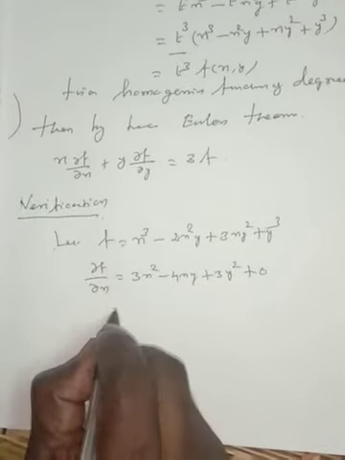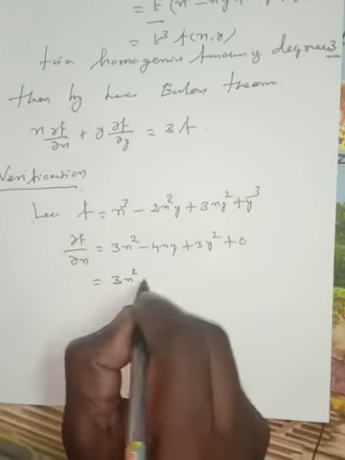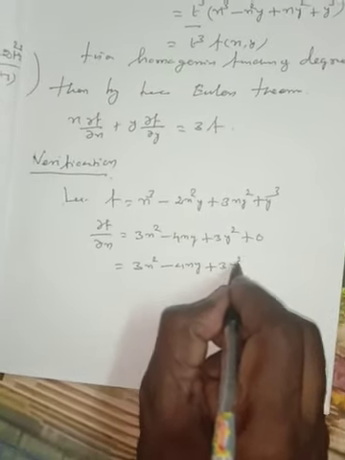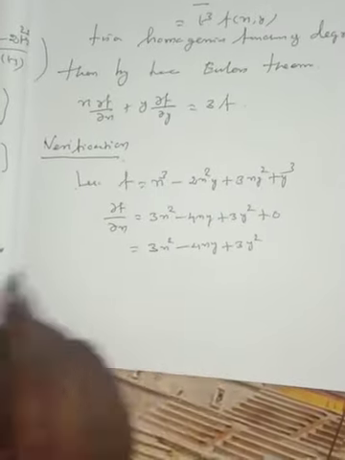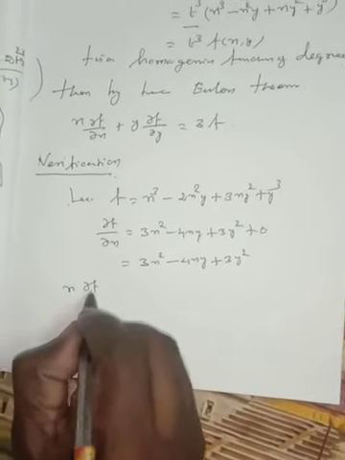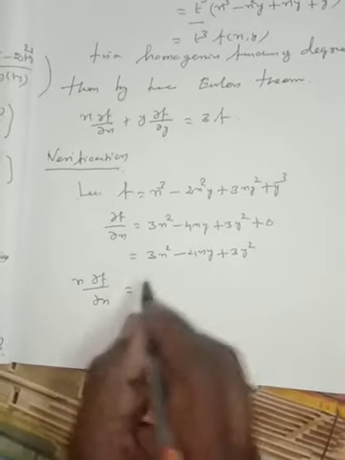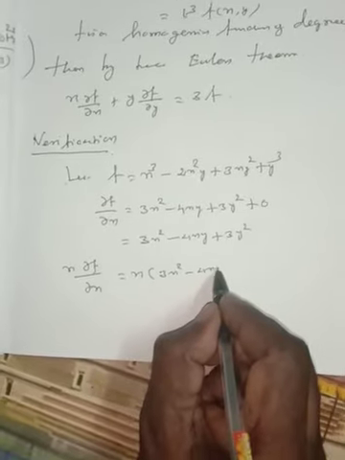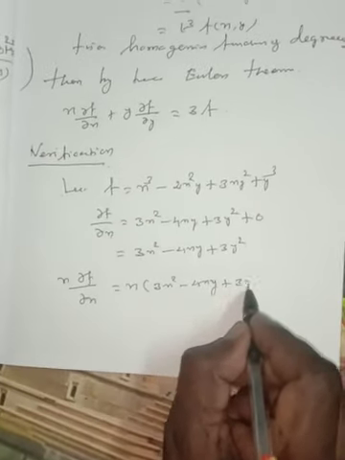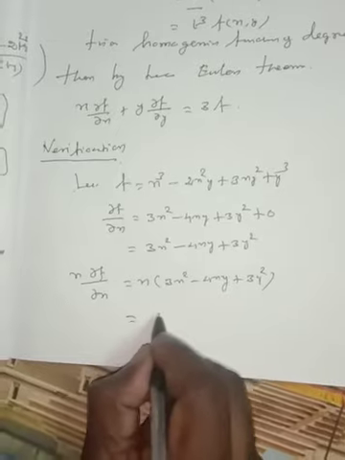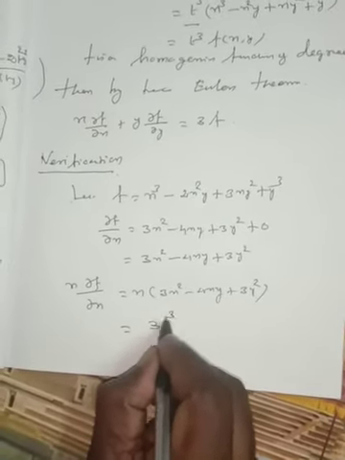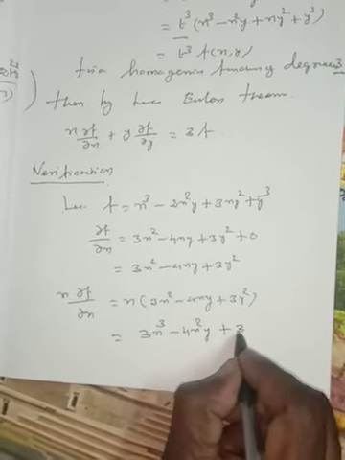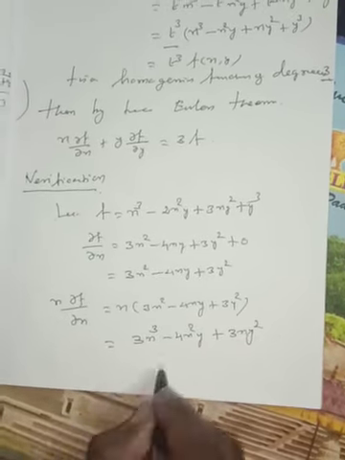This means 3x square minus 4xy plus 3y square. Next, x into dou f by dou x is equal to x into 3x square minus 4xy plus 3y square, is equal to 3x power 3 minus 4x square y plus 3x y to the power of 2.